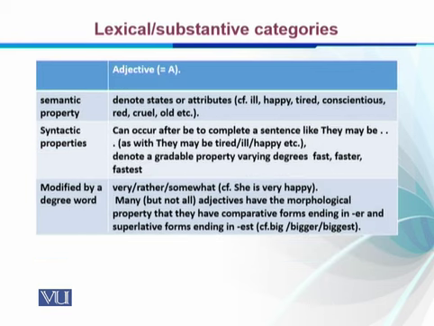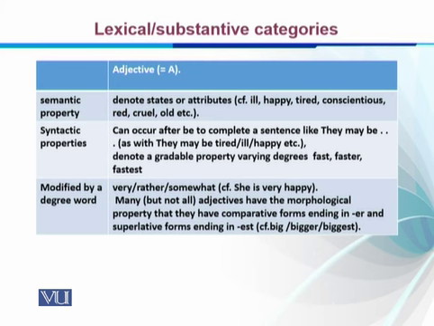Now the semantic property of adjectives: they denote states or attributes: happy, tired, ill, conscientious, red, cruel. They are all adjectives. They describe certain attributes or states of the subject they refer to.